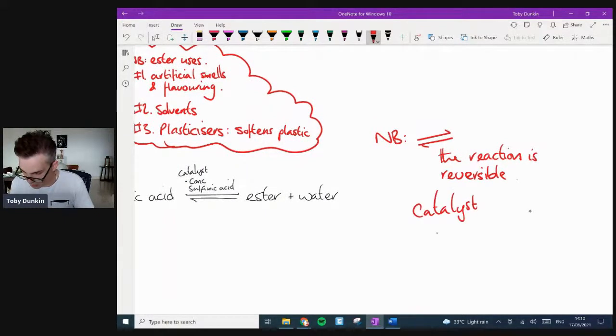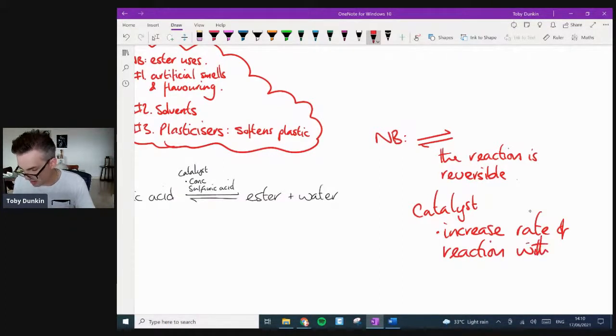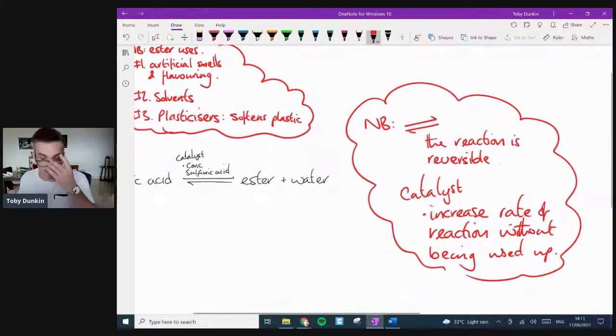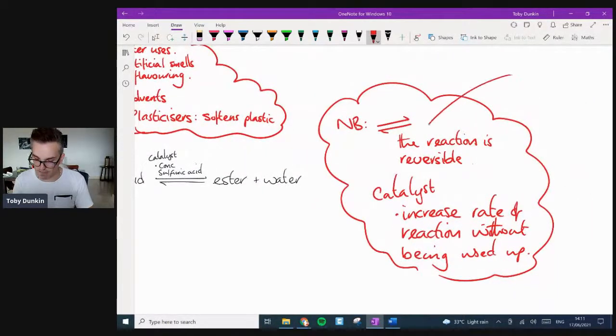Catalysts increase the rate of a reaction without being used up. They are amazing things, catalysts, without being used up. Now we're going to see both of those nota benes reappear. See later notes from year 11. This one will appear in equilibrium, and this one will appear in kinetics.